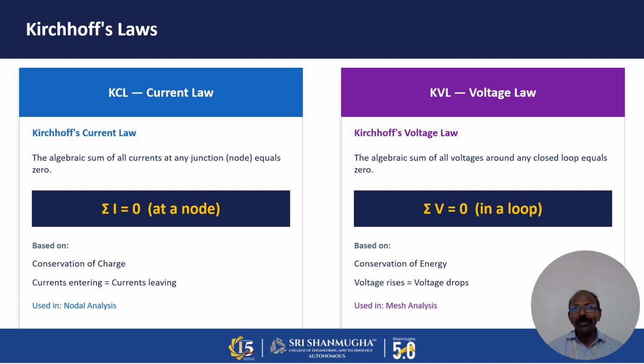Or you can say the algebraic sum of all voltages around any closed loop equals 0, that is, summation of V = 0 in a loop. That is nothing but, in a closed circuit or closed loop, potential rise is equal to potential drop. This Kirchhoff's voltage law is mainly used in mesh analysis.